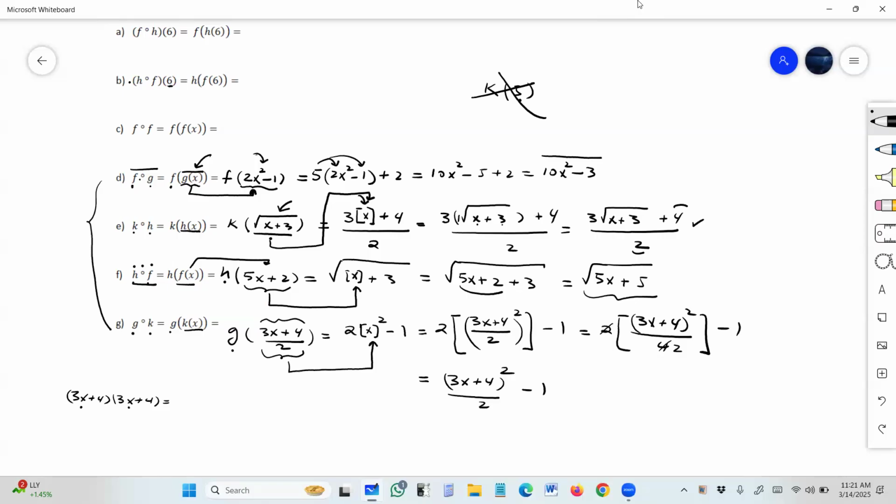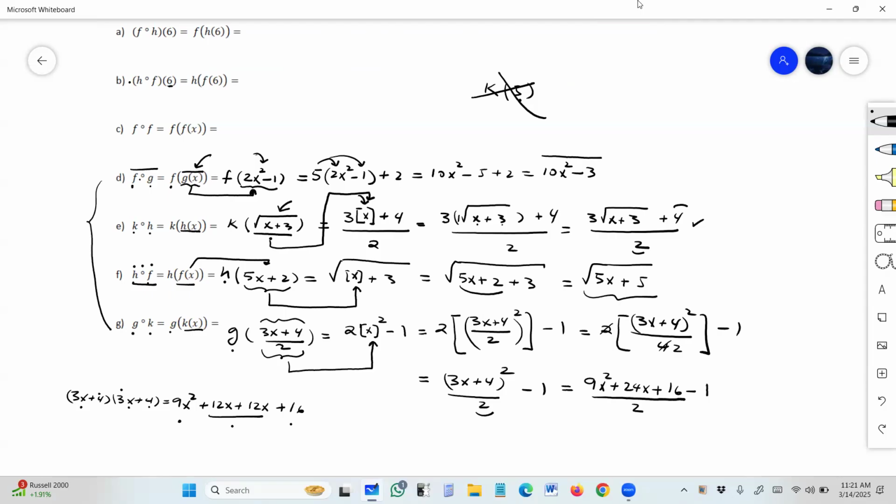So 3x times 3x, 9x squared, 3x times 4, 12x, 4 times 3x, 12x, and 4 times 4, 16. And we combine these two, so I get 24x. So 9x squared plus 24x plus 16. So that replaces this. So I'm going to have 9x squared plus 24x plus 16 minus 1. And this is all over 2.